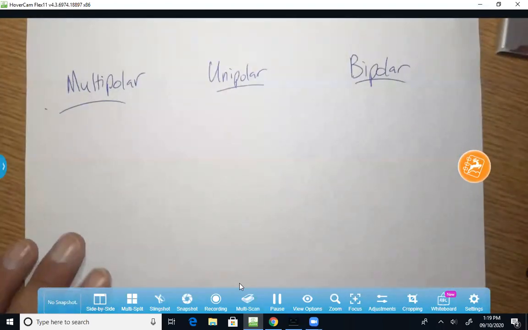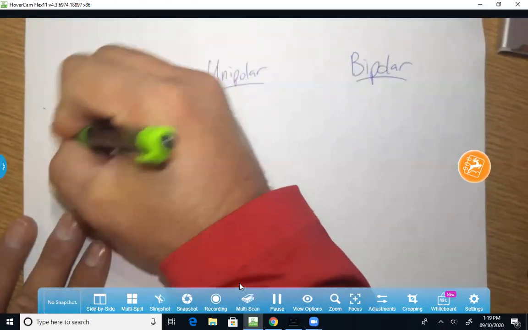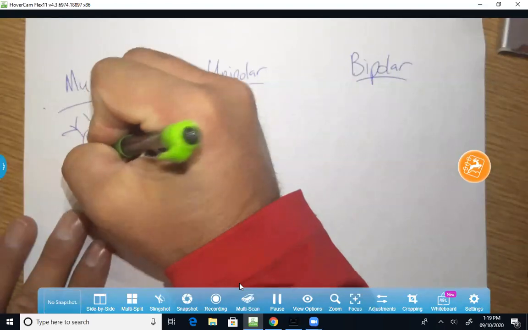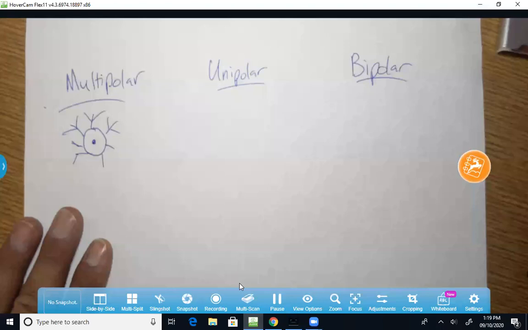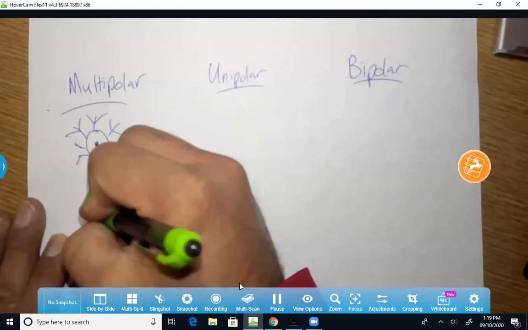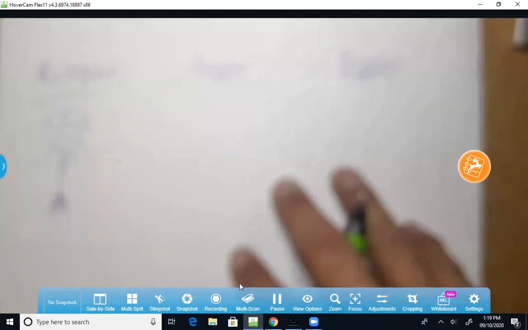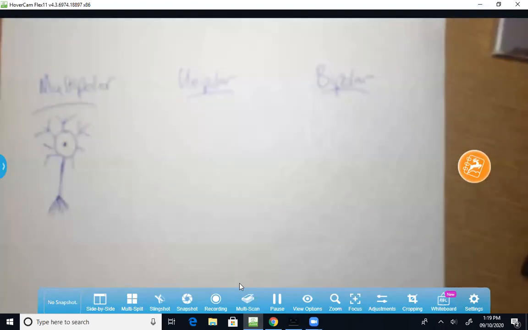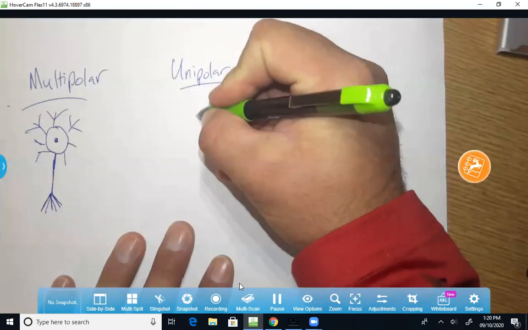It's got the cell body and then a whole bunch of these tree branch looking dendrites plus an axon. Multi because it's got multiple. It's at least 3, but in many cases probably a heck of a lot more than that, extensions.